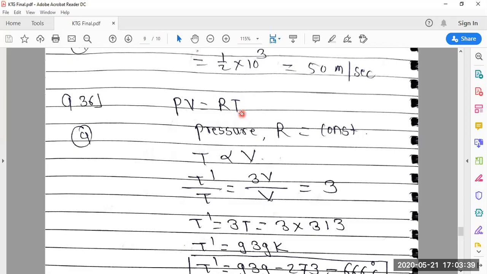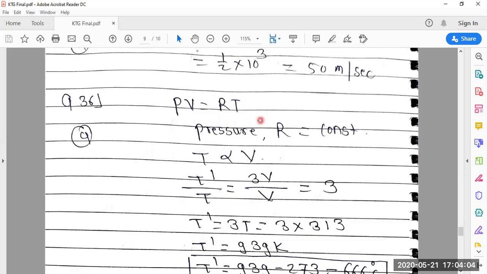So what is the given condition in question 36? To increase the volume of the gas to 3 times. So the volume has to be increased by 3 times at constant pressure. The temperature T1 is given, that is 40 degrees Celsius. Then the final temperature should be?